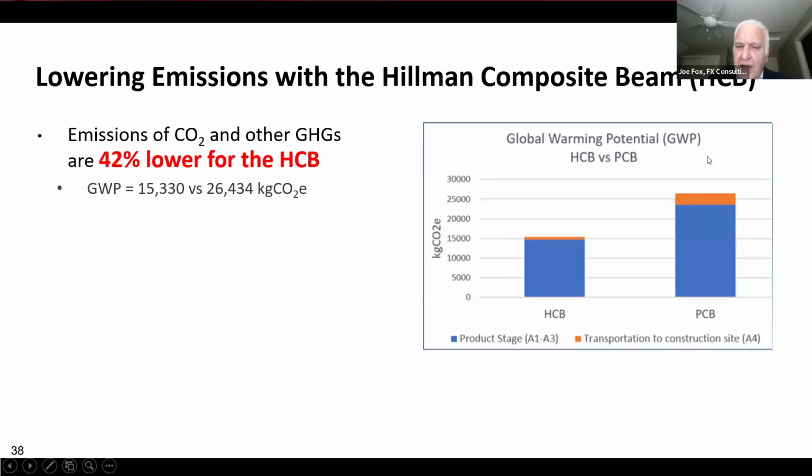What you see in this graph is the kilograms of CO2 equivalents for the Hillman composite beam and a precast concrete beam. And what you see here is that the emissions of CO2 and other greenhouse gases are 42% lower for the Hillman composite beam, about 15,000 versus 24,000. 42% lower. Again, double-digit reduction.